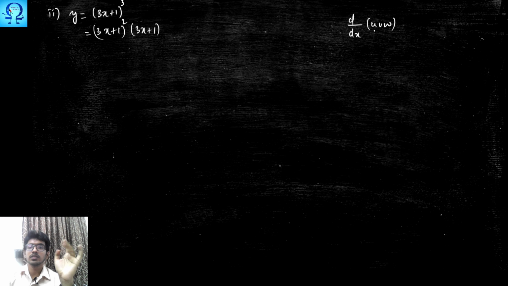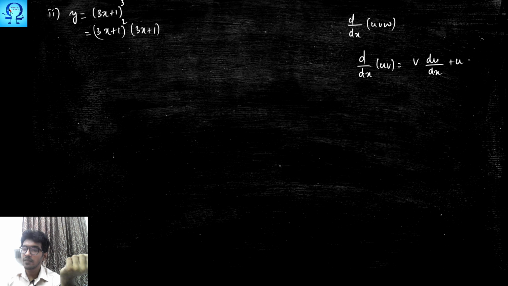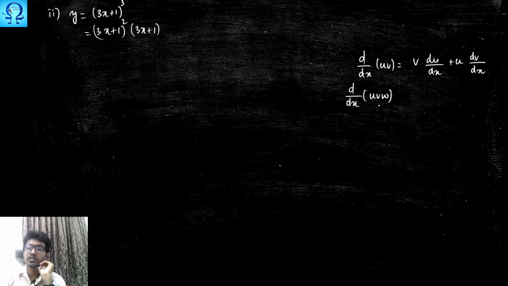Or else, derivative of product of three functions where u, v, w are functions of x. In that case, when we have two functions, what are we doing? We keep the second function as it is and differentiate the first function. Then having the first function as it is, we differentiate the second function. Using this itself, let us try to get the formula for three functions.